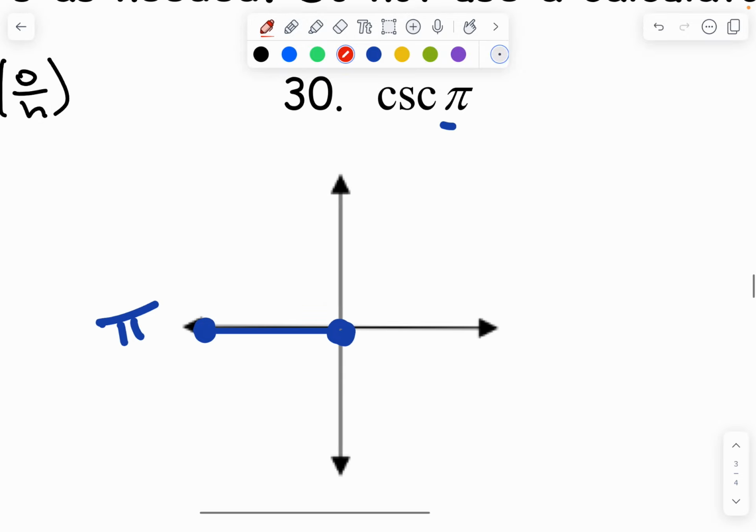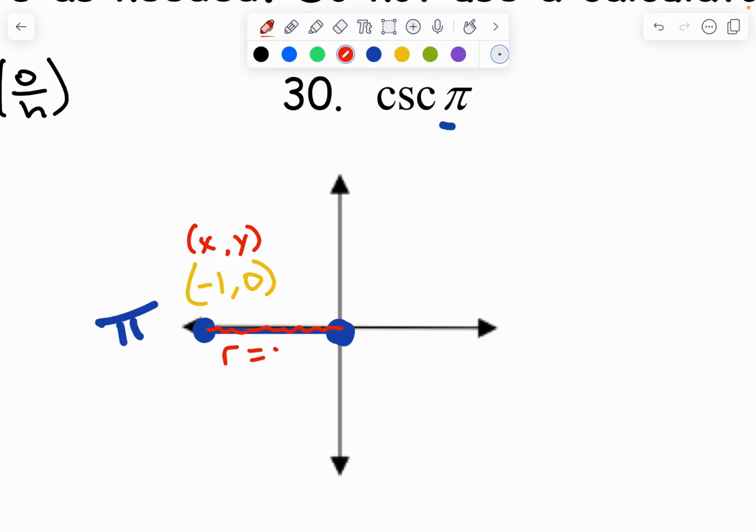Moving to our next, we're at pi. So we're over here at -1, 0. That is my x. That's my y. And the length of this line, the actual length of the line, is my radius, which is always 1. Now, what is cosecant?